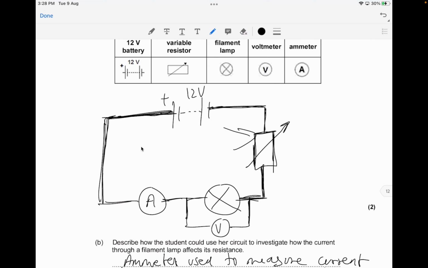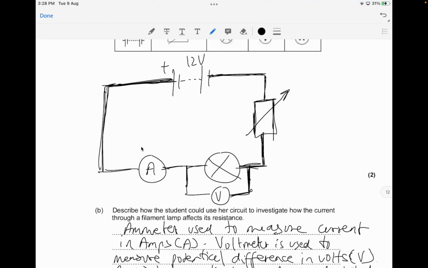Then I have connected the voltmeter in parallel to the filament lamp. It's really critical that you take notes on this: the voltmeter should be in parallel with the filament lamp, while the battery, lamp, and ammeter should be connected in series with the variable resistor. Remember, the voltmeter is always in parallel with the filament lamp.